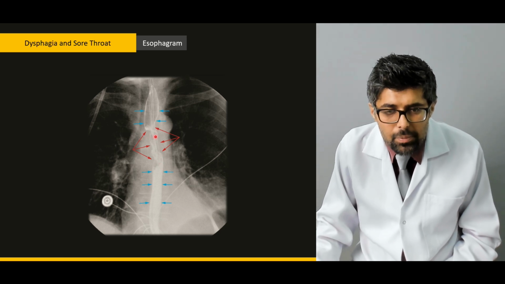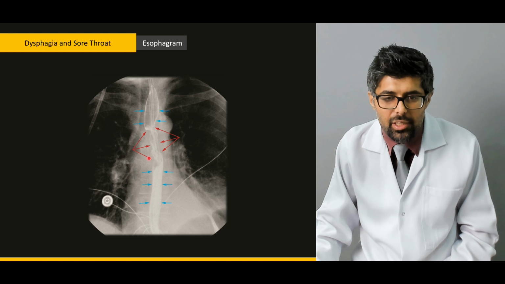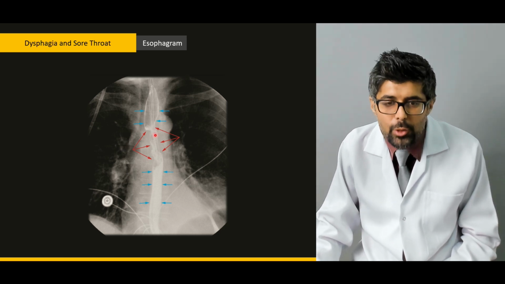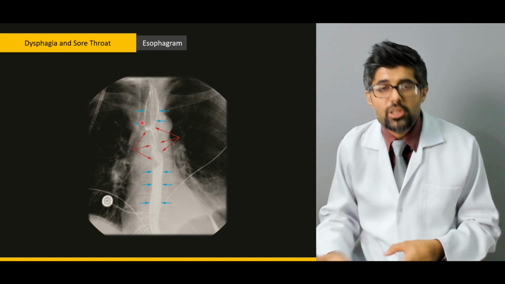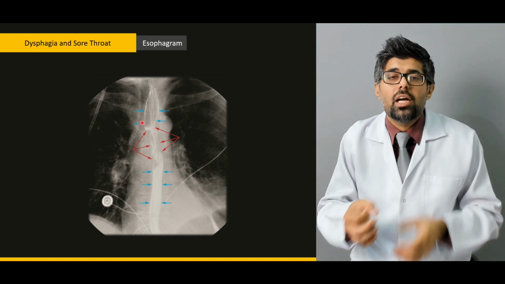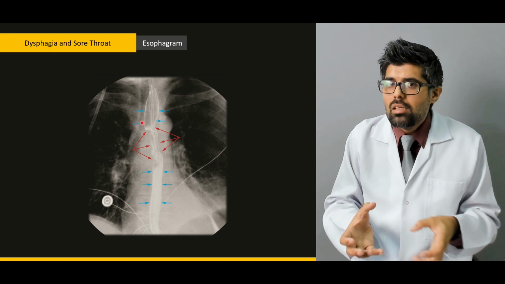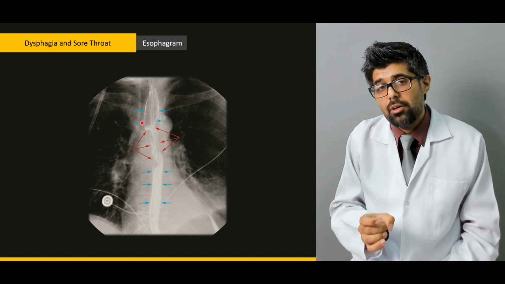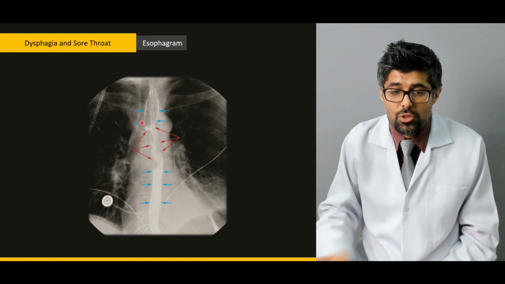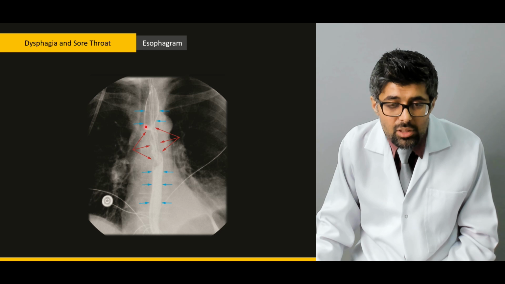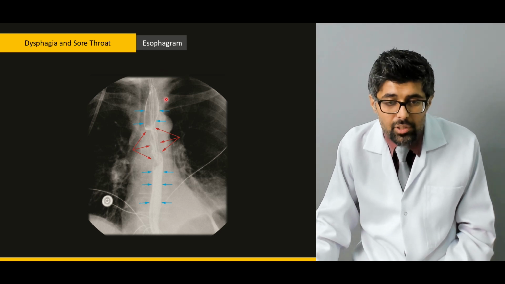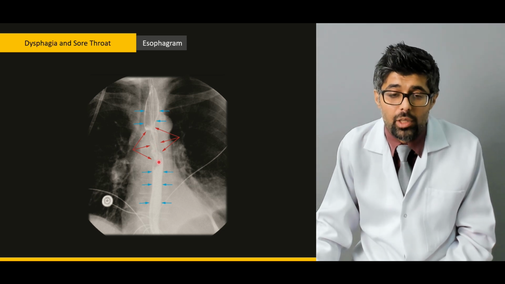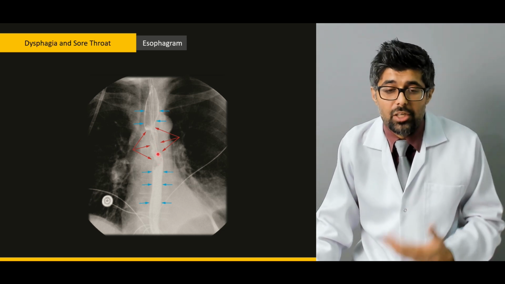There are multiple indentations inside the esophagus, and these indentations are due to strictures. Strictures are narrowing inside any lumen. Any structure that has a lumen, when it gets narrowed, we call it a stricture. So these strictures are actually causing the barium to not flow downward equally in a normal peristaltic movement.